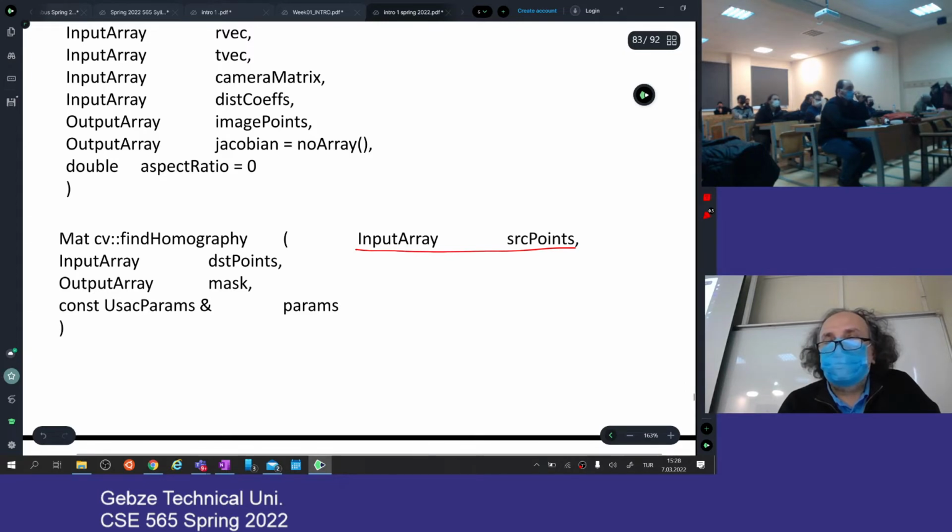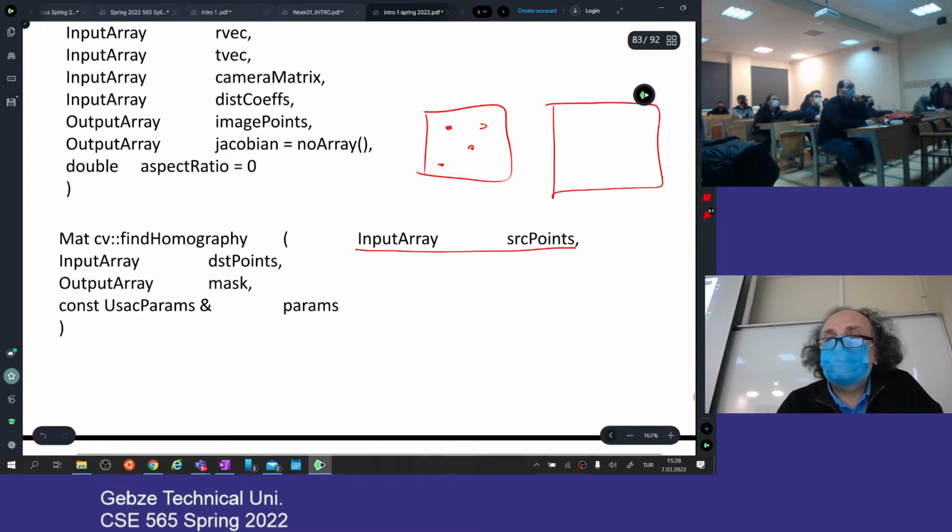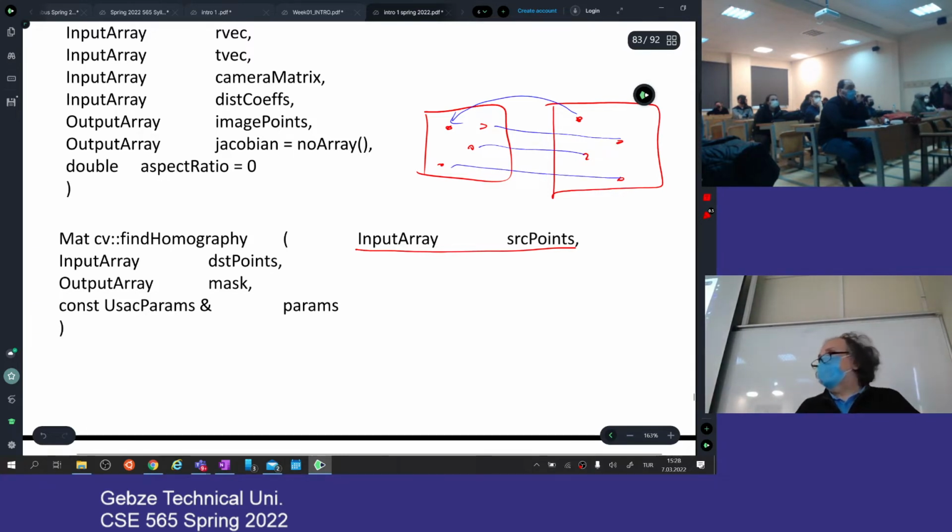2-dimensional points, source points, on one image. You say this point and this point and this point and this point. These are image number 1. This is image number 2. I know that this one corresponds to this one. This one is here, this one there, and this one is there. I know these correspondences.